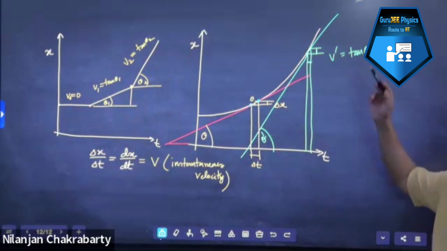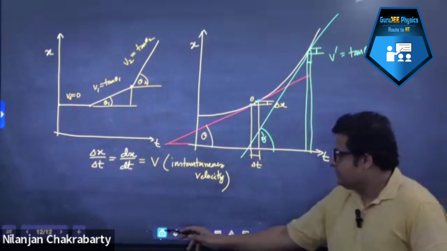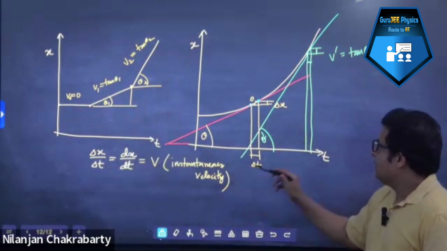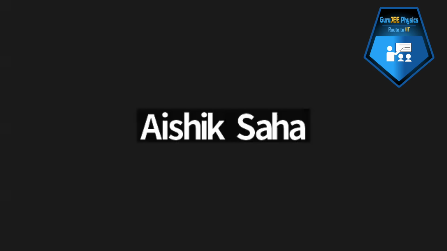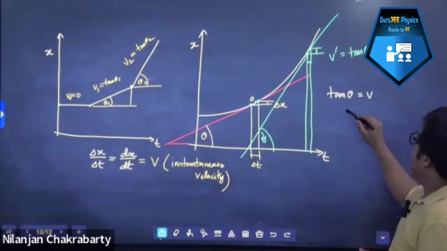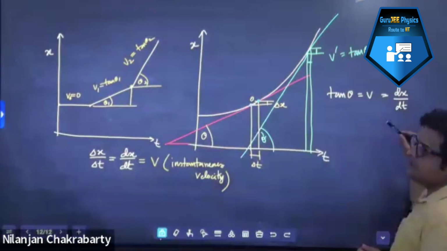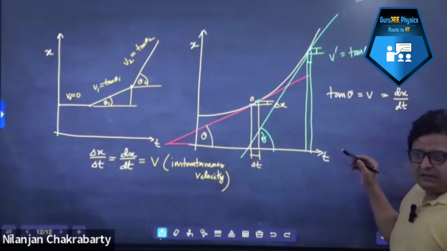So what does this graph represent? You know, this x versus t graph, what do you think? This x versus t, so acceleration and velocity. Tan theta is b, that is the small change in x by small change in t, dx by dt. Understood?